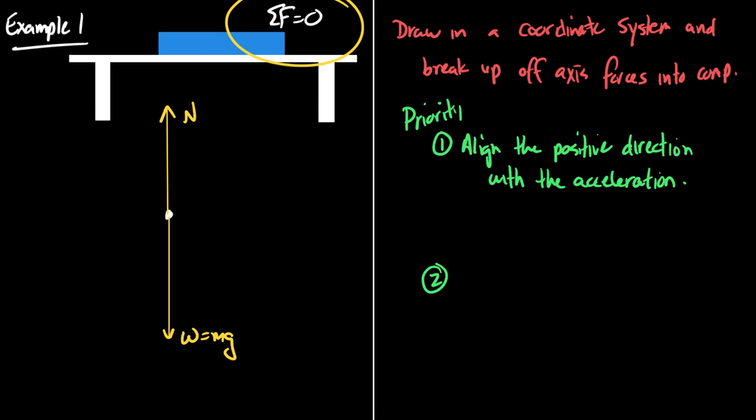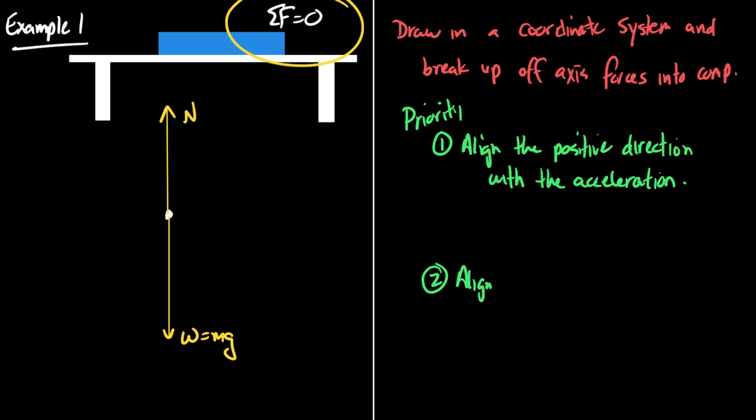It will be impossible for you to solve the problem if you do it otherwise. So always align the positive direction with the acceleration. Priority number 2. Well, in priority number 2, if you don't have to worry about priority number 1, then you get more opportunity to choose how to draw your coordinate system.